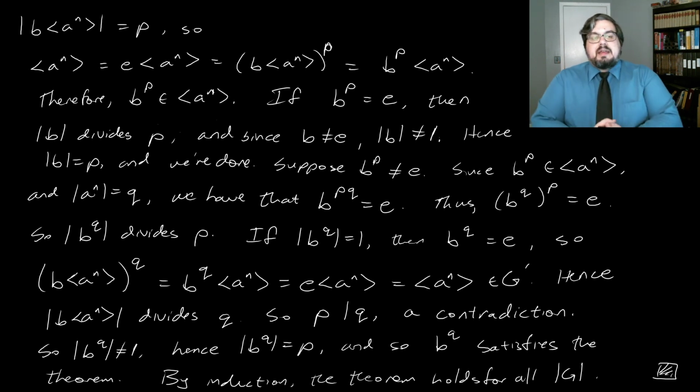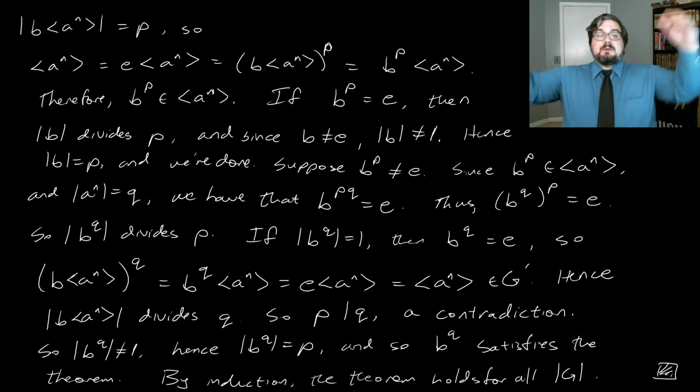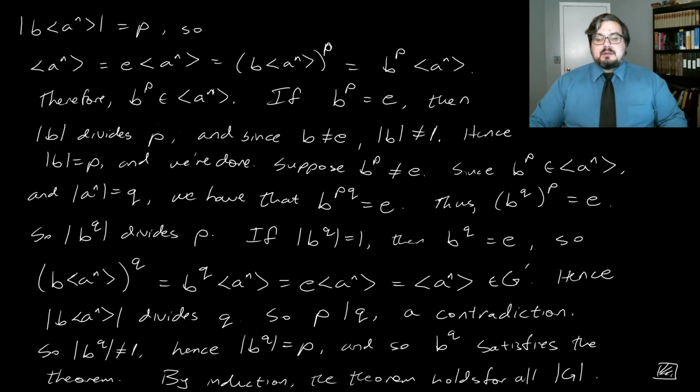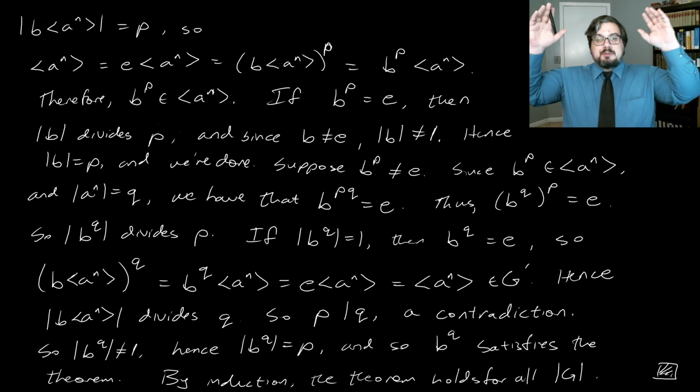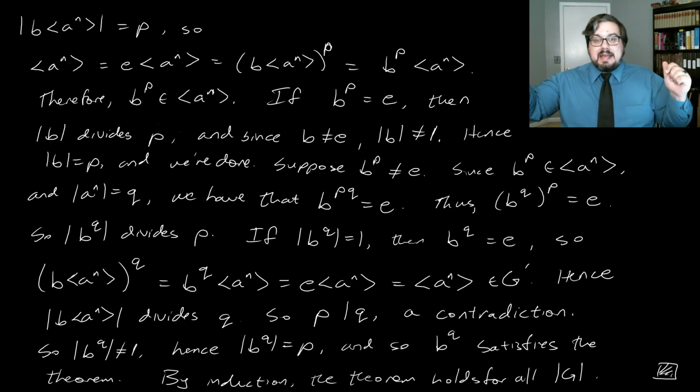So this was a reasonably complex argument where, in order to understand the order of the element B, we started up in the group G, and we looked at the element A. We basically just chose a random element A, and we said, does this have the order that we want? If so, great.